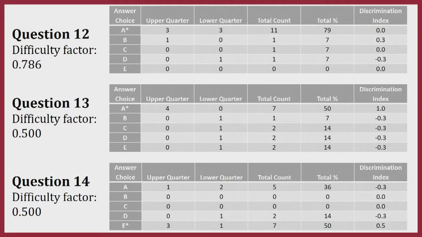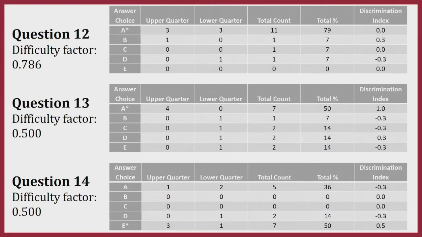And there's a couple of columns here, upper quarter, lower quarter, total, and total percent and discrimination index from left to right on the screen. So we'll talk about upper quarter, lower quarter in a moment, but the total count tells you that in my case, out of the 14 students who were taking my summer class, 79% of them, that's 11 out of 14, chose A, which was the correct answer.